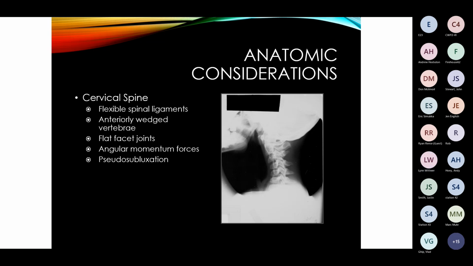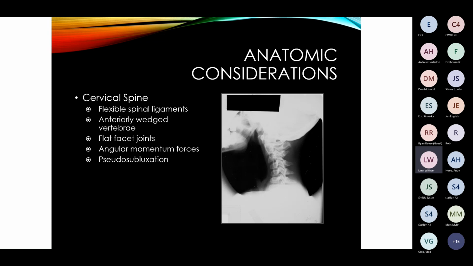They have normally anteriorly wedged vertebra, which means that it flexes forward very easily, flat facet joints, so there's no resistance to flexion, and they can get what's called pseudosubluxation, particularly on X-ray.